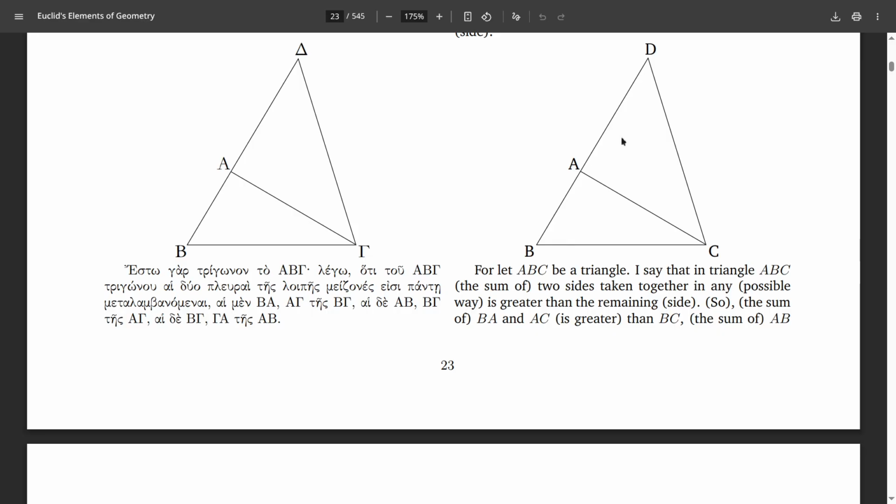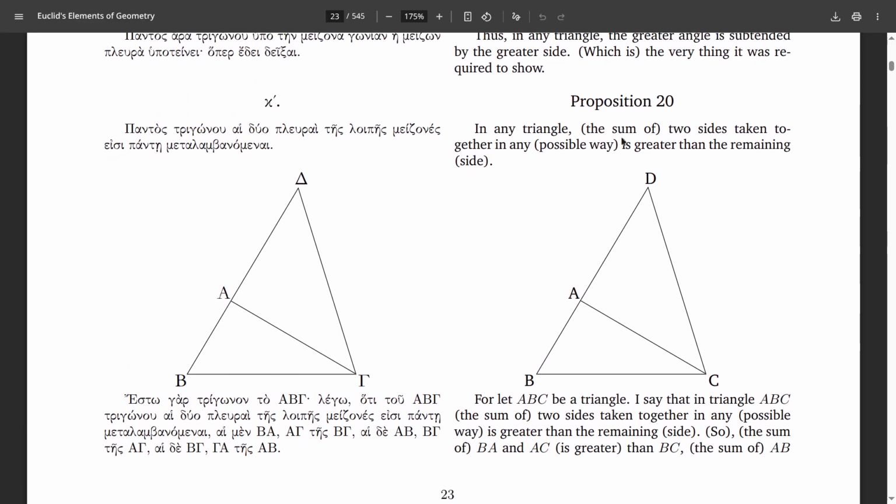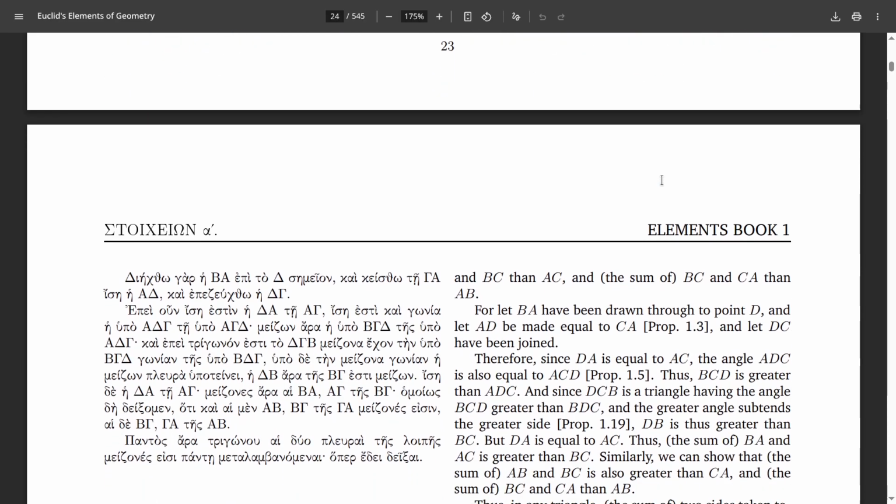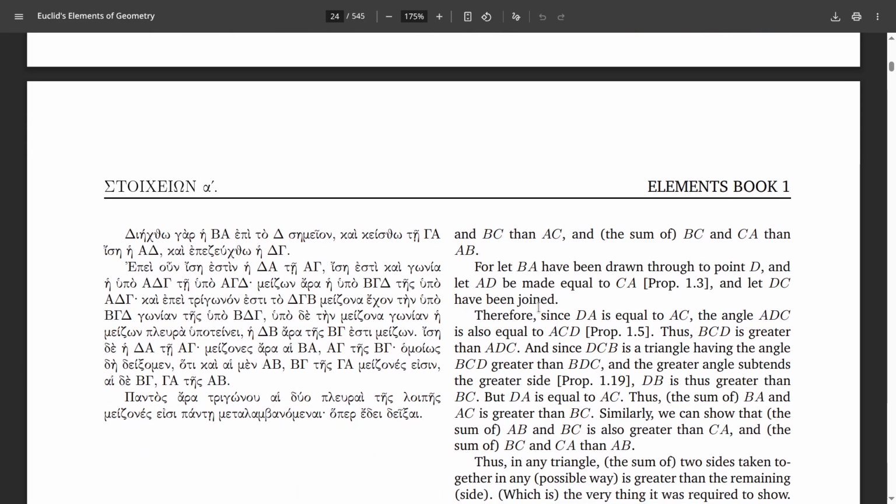Then we'll label it A, B, C. I just want to label them in the exact same way so I don't get confused. This is prop 20. I say the triangle ABC, yep.